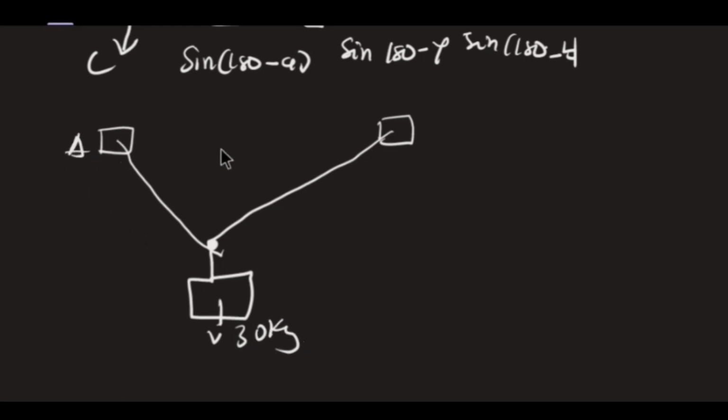This is our point A, our point B. Then assume horizontal, the angle this is making with the horizontal is 45 degrees. This is 30 degrees. We have to use Lami's theorem to find the tension in this rope, T1, T2.